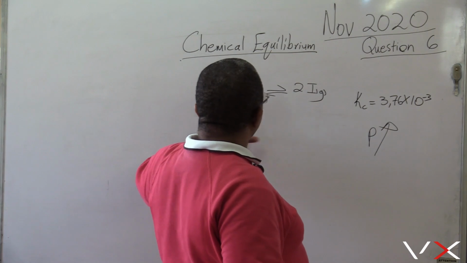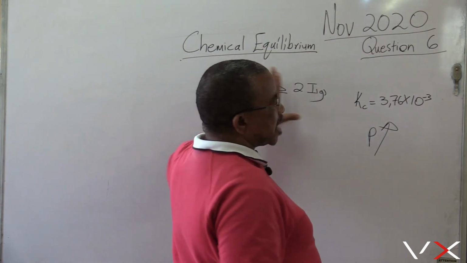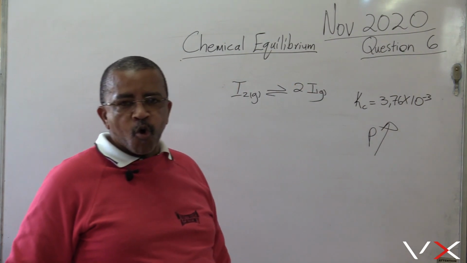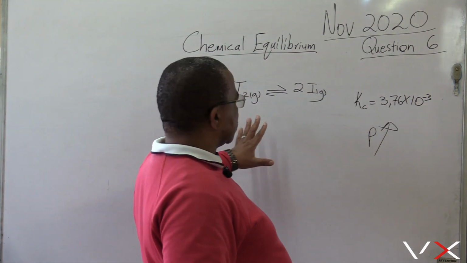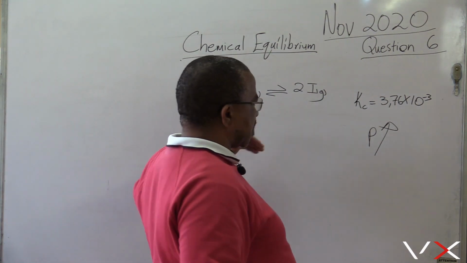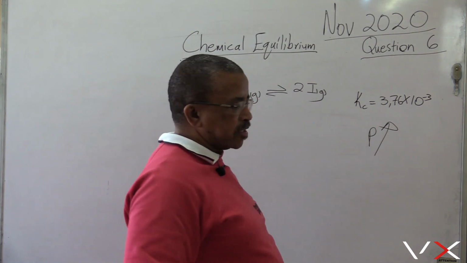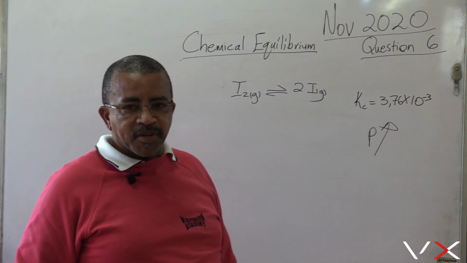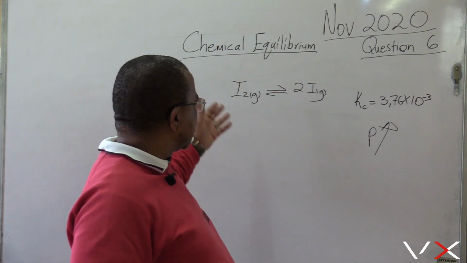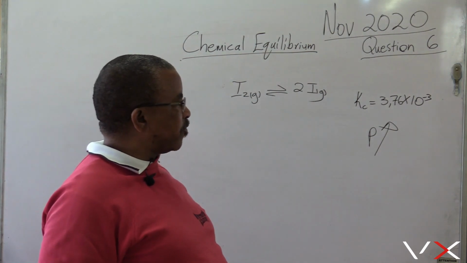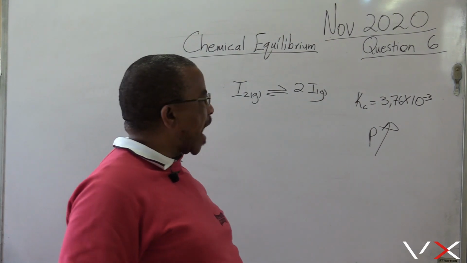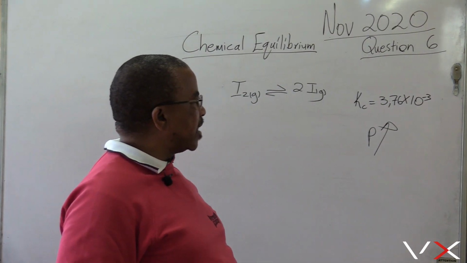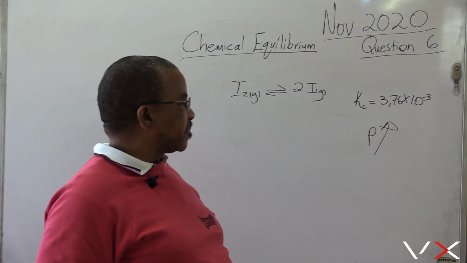Now you have 1 mole as against 2, in the ratio. We have 1 as against 2, so it will shift to the direction where fewer moles are formed. Because the volume will be less, we have an increase in the formation of I2, which is our reactant.